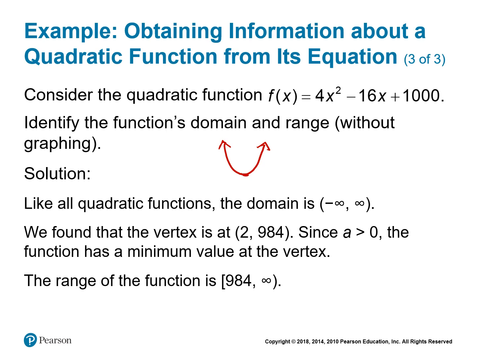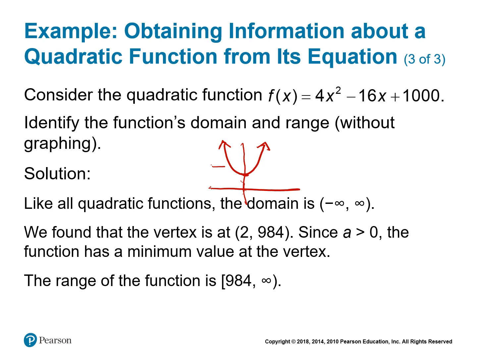It'll keep going and going. It'll stretch on either side of the x-axis as far as we can go. So let's say this is the x-axis. Then the graph will extend on both sides, both ends, indefinitely.